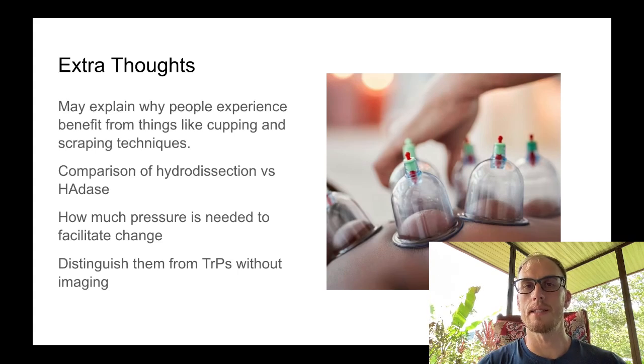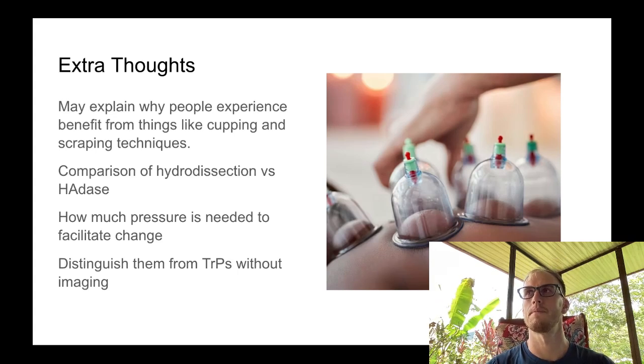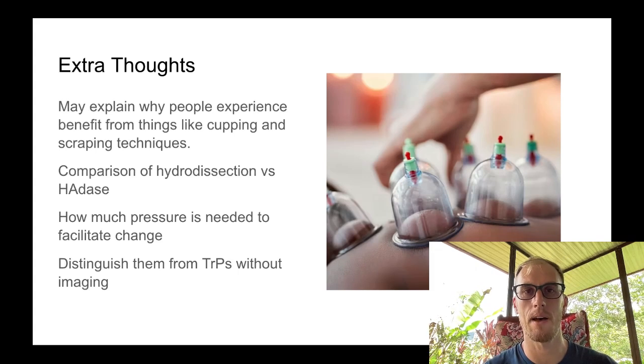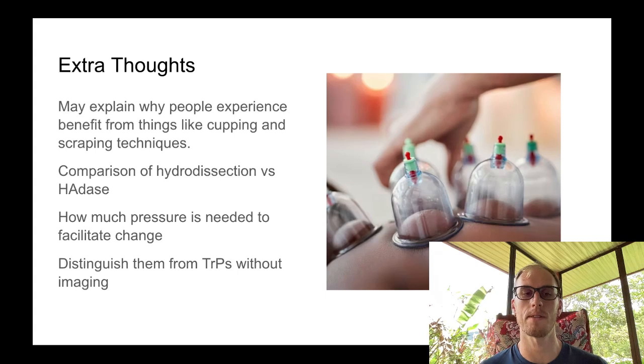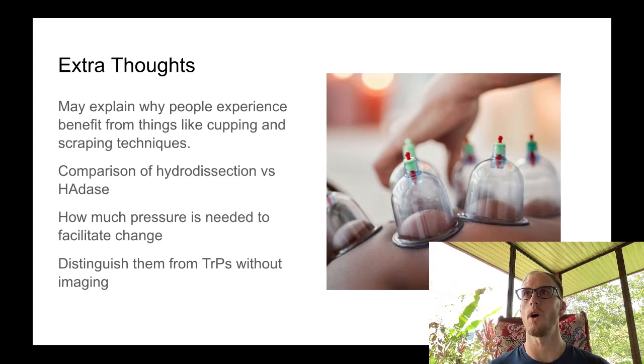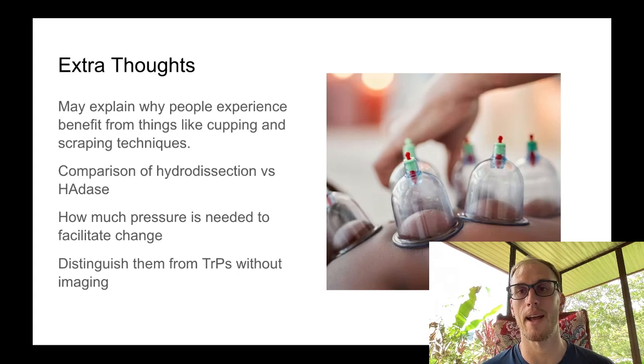What I would also like to see, an extra thought on some things that we don't yet have the available evidence to create a scenario with, is a comparison of the injection of hyaluronidase and our hydrodissection. I would love to see what elements of those injections are actually producing results, and then what that might mean for the application of manual technique.